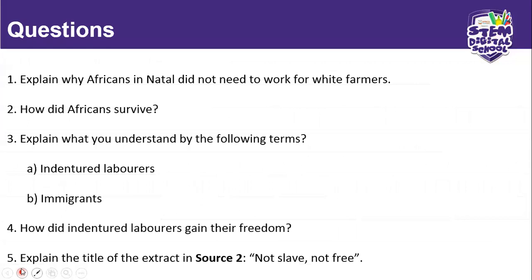There are 5 questions. Question 1. Explain why Africans in Natal did not need to work for white farmers. So you're going to explain why Africans in Natal did not need to work for white farmers. Number 2, how did Africans survive?